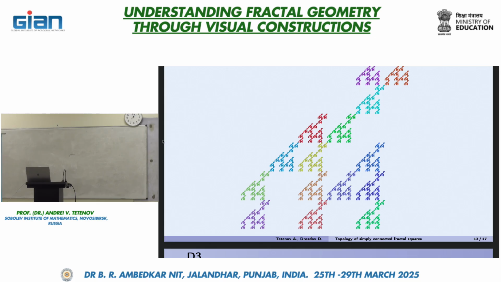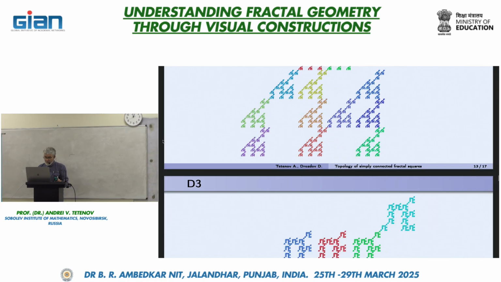But how do you think? Is it a dendrite or not? Do you see any cycle here? No, there is no cycle because the intersection graph is this, and this. Yes, the intersection graph is a tree.